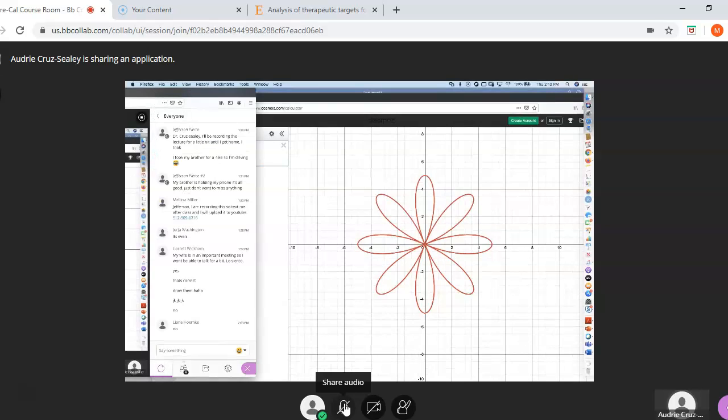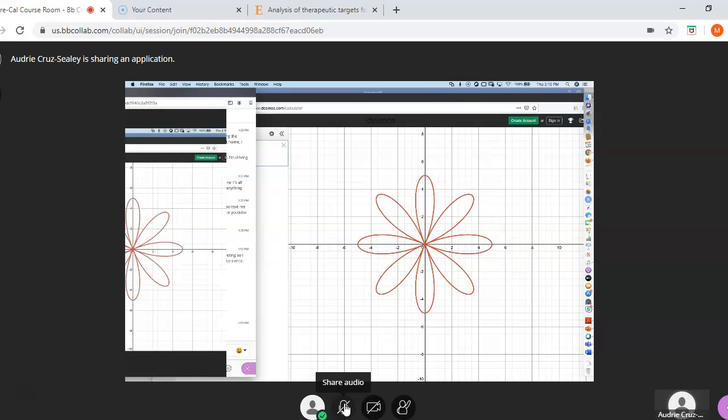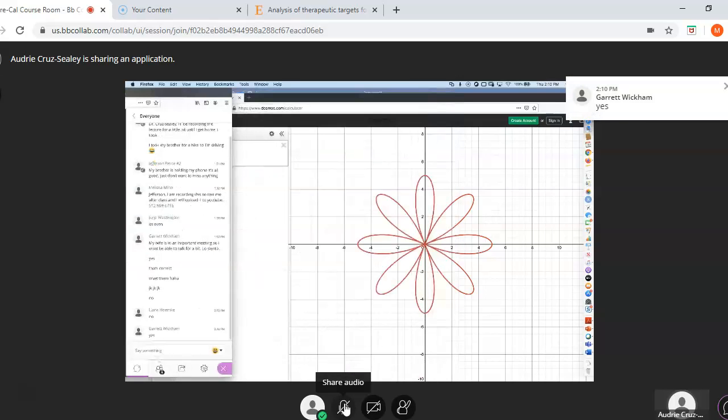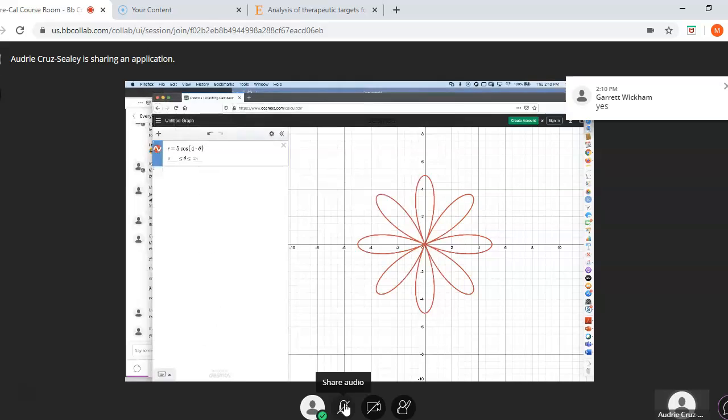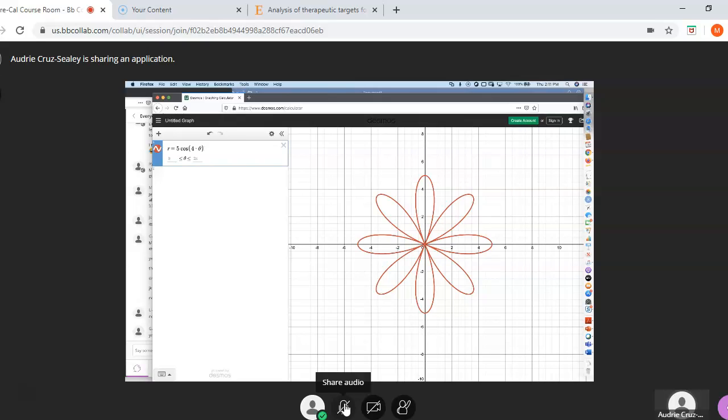Any questions? Are y'all there? Can y'all see my screen? Testing, testing. Okay, good, just making sure. How cool is that? This would be super hard to graph on a rectangular plane. Does that make sense? Super hard to graph on a rectangular plane.